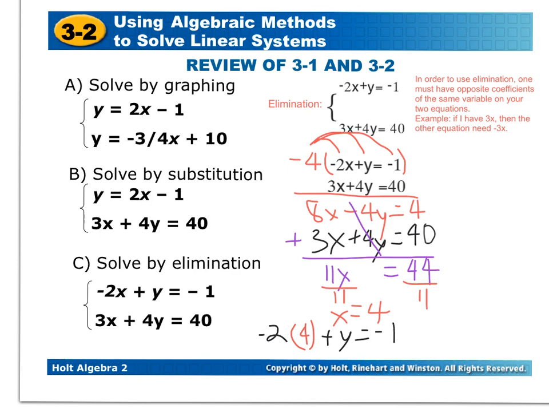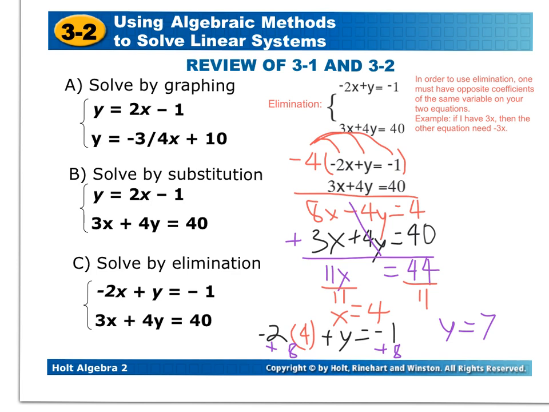I then add the 8, since negative 2 times 4 is negative 8. I do the opposite, add 8, and this gives me y is equal to 7.